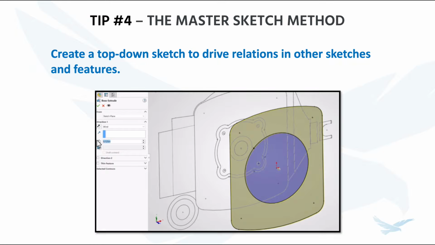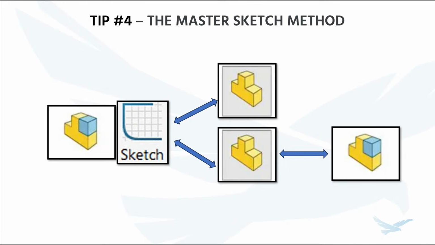You are setting up a reference, and we're going to talk about that next in terms of how you want to have that limited. But you could reduce the number of mates. You could have this drive multiple components inside of the same assembly. You can have a lot of different things being driven by this master sketch method. You just want to recognize that this is creating an external reference.